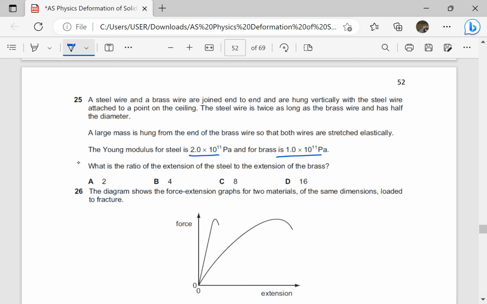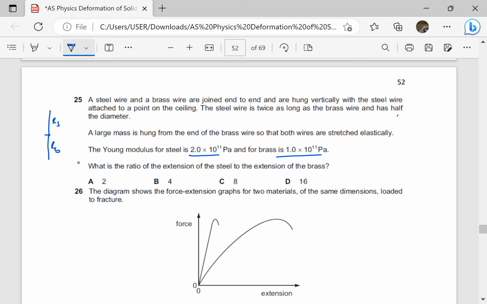So a steel wire and a brass wire are joined end to end. So we have two wires here that have been joined end to end. So we have steel, extension of steel, extension of brass. The steel wire is twice as long as the brass wire.